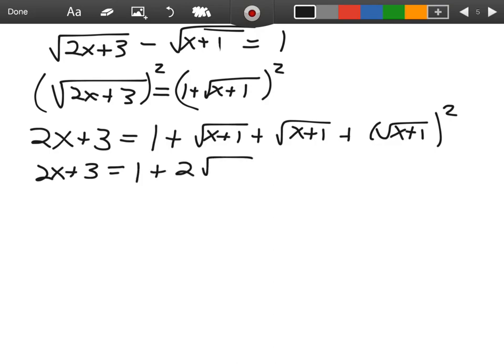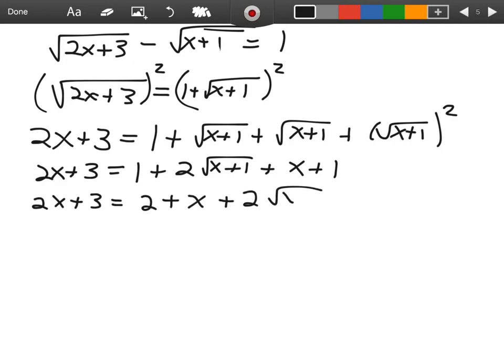So I have 2 square roots of x plus 1, and this goes away. So I have 2x plus 3 is equal to 2 plus x plus 2 square roots of x plus 1.